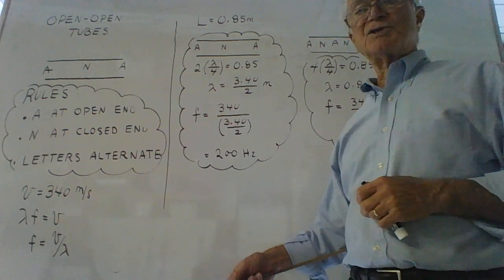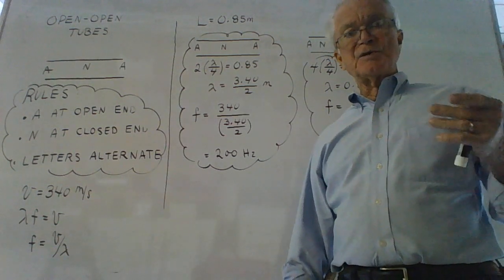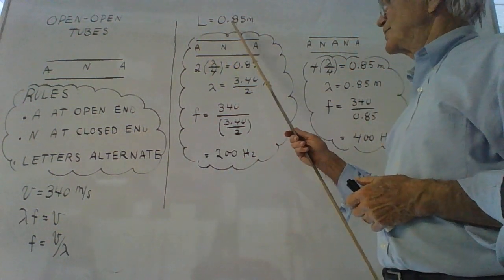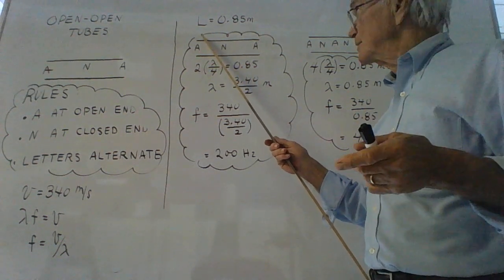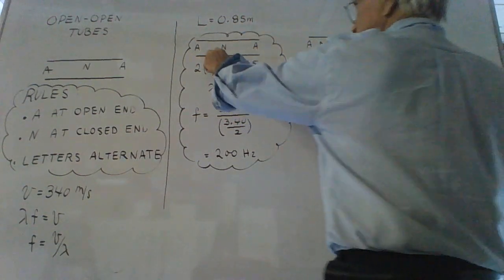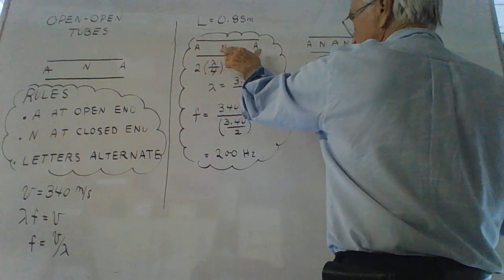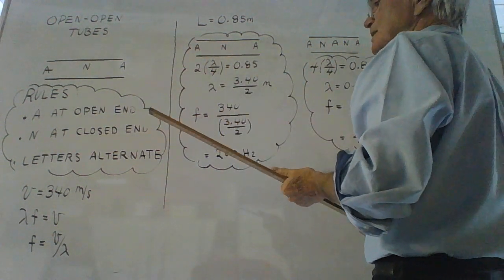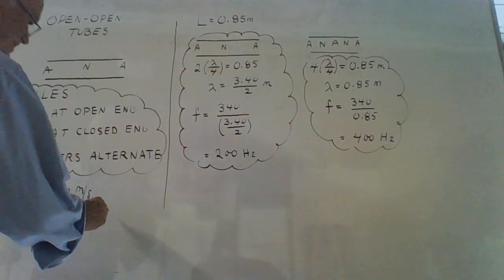Let's use this equation to find the 2 lowest frequencies that will oscillate in a tube of this length, the same length as the tube we studied in a previous lecture. Well, we have the labeling ANA, that's 2 of these segments, NA, that have a length of 1/4 lambda. Let me record that fact here.